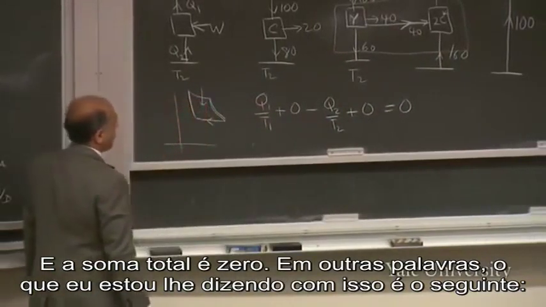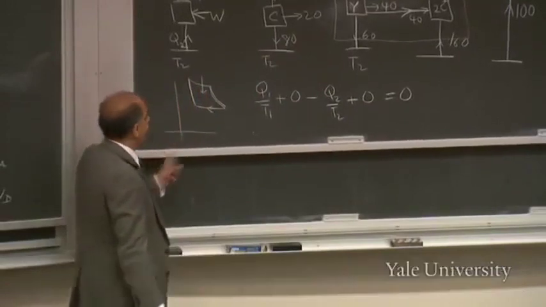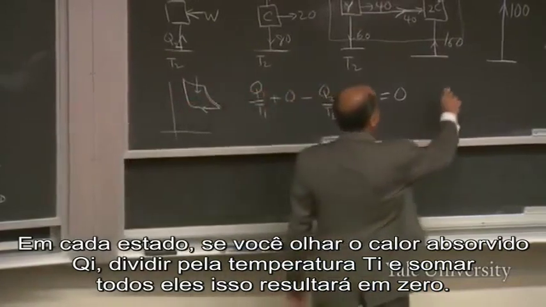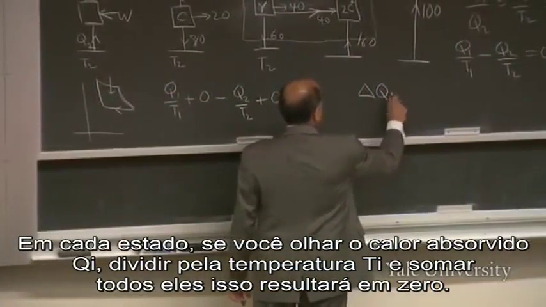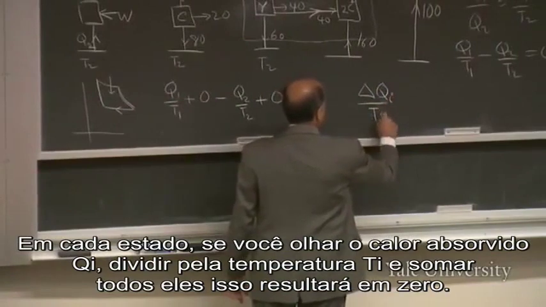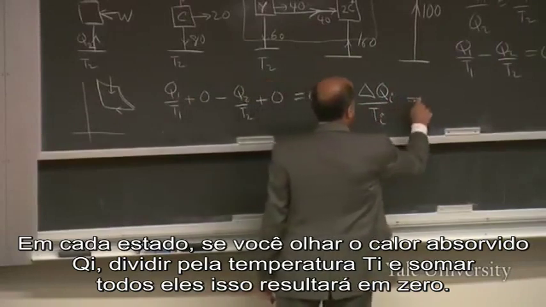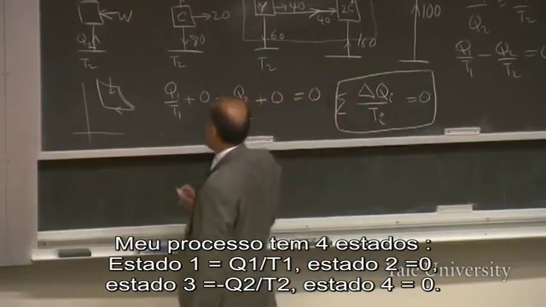In other words, what I'm telling you is the following. At every stage, if you looked at the heat absorbed by the system in stage i divided by the temperature of stage i, and you added all of them, you get 0. My process had 4 stages.